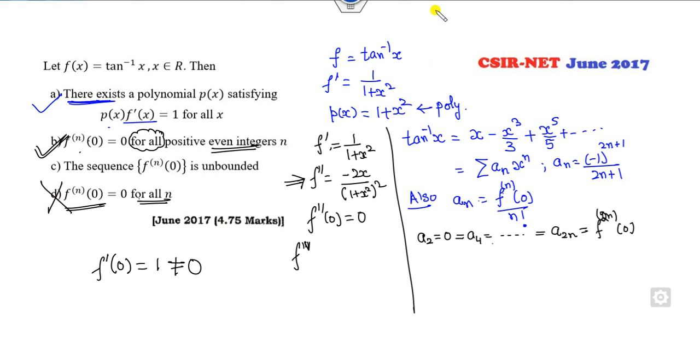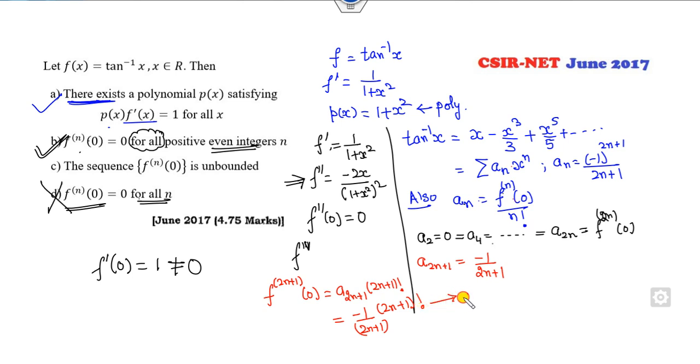Now you have to prove whether it is bounded or unbounded. We can see here, it is an odd number, 2n plus 1. What is the value of a of 2n plus 1? This is minus 1 to the power n over 2n plus 1. So basically this is an odd number, so I can write it as 2n plus 1. From here I can find the value of the (2n plus 1)th derivative at the point 0, which is a of 2n plus 1 into (2n plus 1) factorial. If you substitute here, it will be minus 1 to the power n over 2n plus 1, into (2n plus 1) factorial.